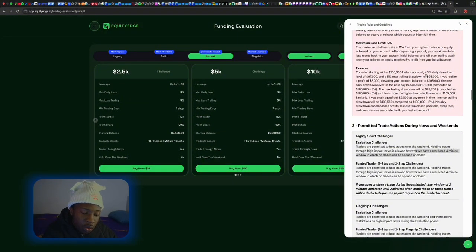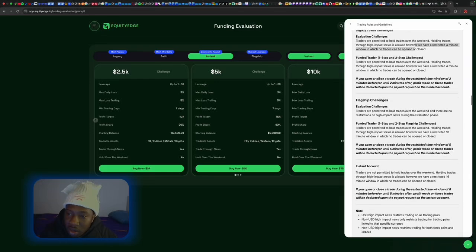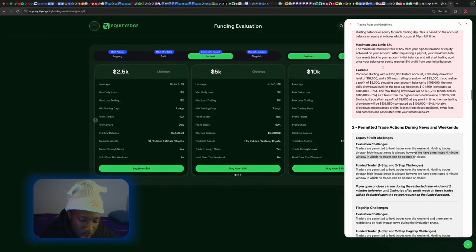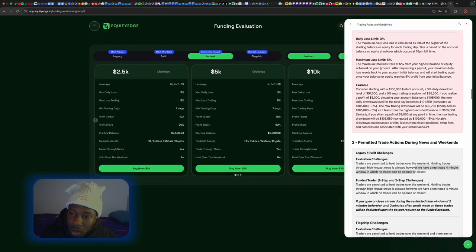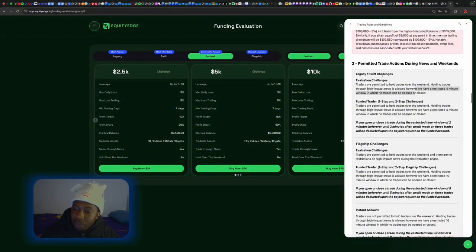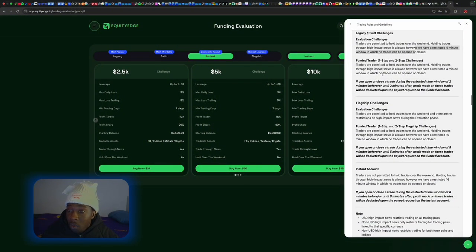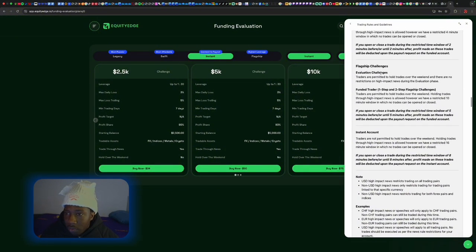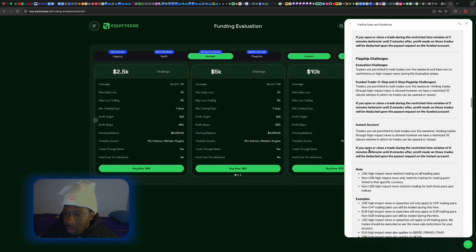You calculate 5% of the total amount on your account, and that result is your maximum loss limit. So this is what this rule says on the instant account.